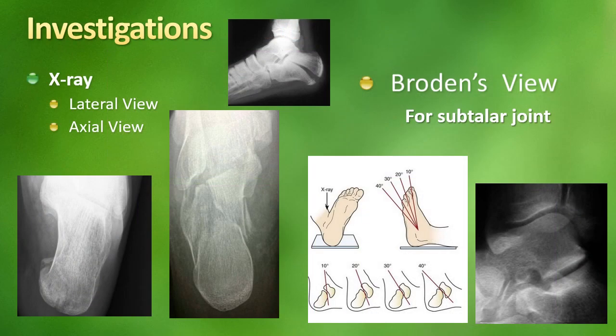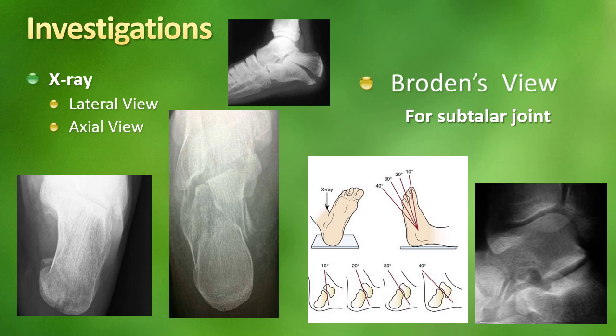Now, before moving on to the investigation part, I would like to say a few words about clinical features. There is nothing very new in the clinical features part. Here you will get a history of a fall from height or a road traffic accident. Thereafter, the foot will be swollen. There may be bruising around the calcaneum.